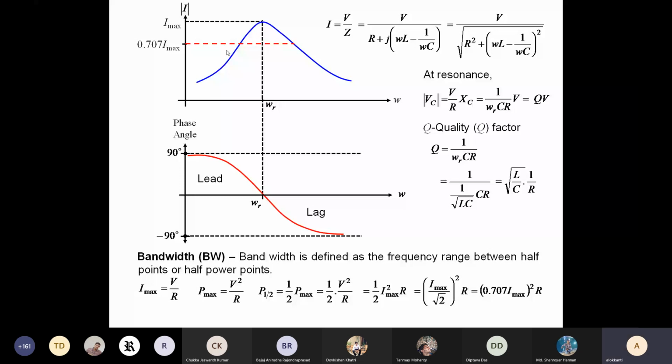At these two frequencies, the power is exactly half the maximum possible power, the lower frequency being omega 1 and the upper frequency being omega 2. So here the half power occurs.